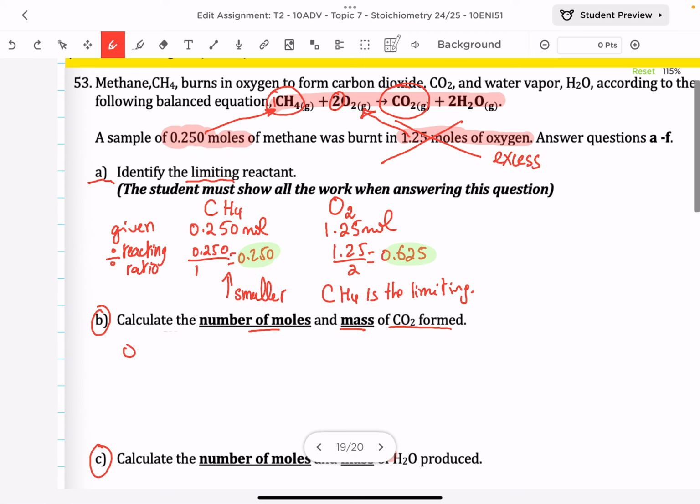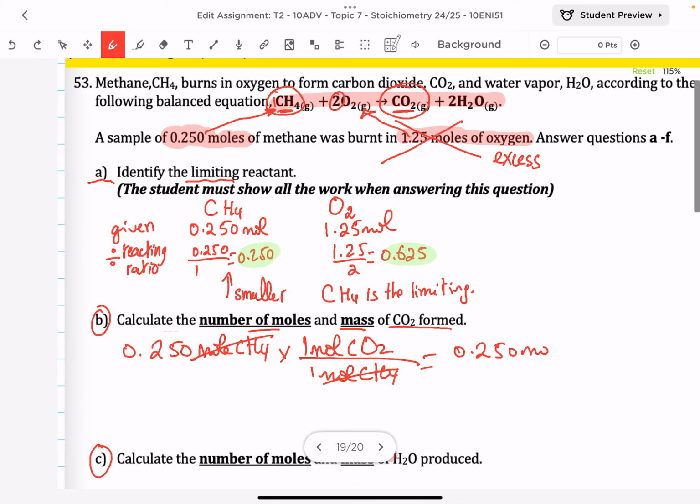So I start my calculations with the moles of the limiting, times the mole ratio. I want CO2, so the mole ratio is 1 to 1: 1 mole CO2, 1 mole CH4. So the answer is 0.250 mole CO2. I answered this part.